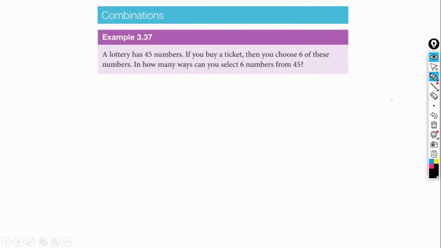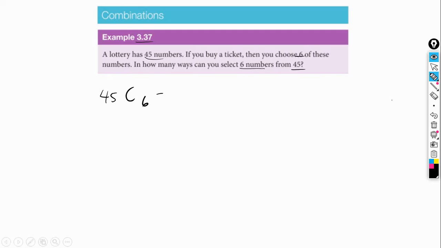Now we continue with example 3.37, and it says, a lottery has 45 numbers. If you buy a ticket, then you choose 6 of these numbers. In how many ways can you select 6 numbers from 45? So this is a case of a combination. 45 positions in combination with 6 choices.